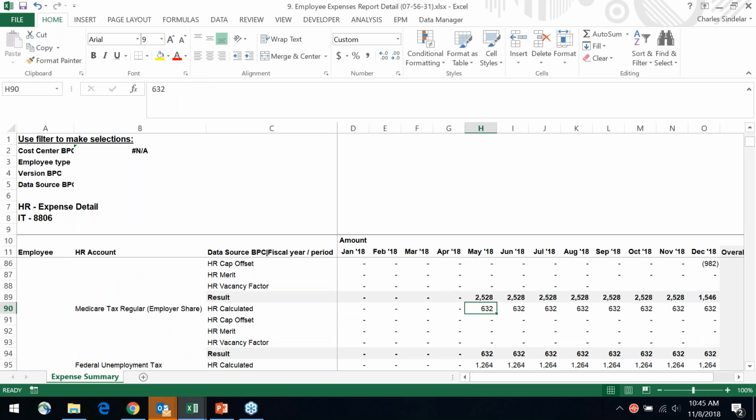And I think the other important thing here is, I have to make an assumption. I have to assume that this person has never worked anywhere before. It's their first job, or they didn't work the first 4 months of the year, because I want to be conservative, right? So I'm going to start their cap on May 18th.